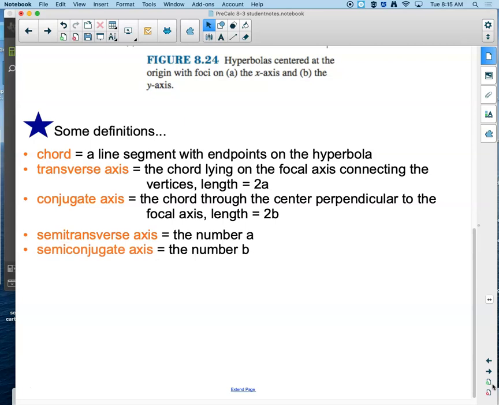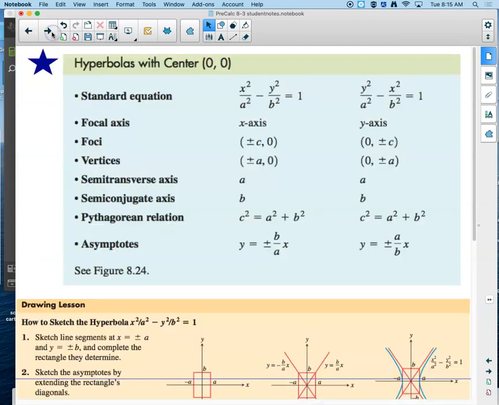So transverse is the main axis, and then conjugate is like our minor axis for ellipses. So it's just new vocab. Anybody need more time for writing down any of the new vocab? All right. There's our big chart.